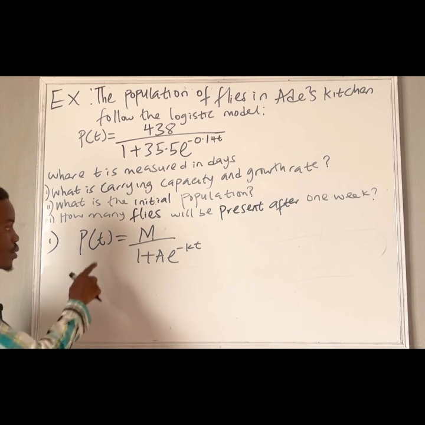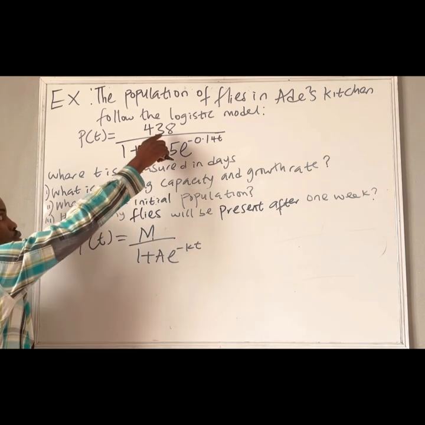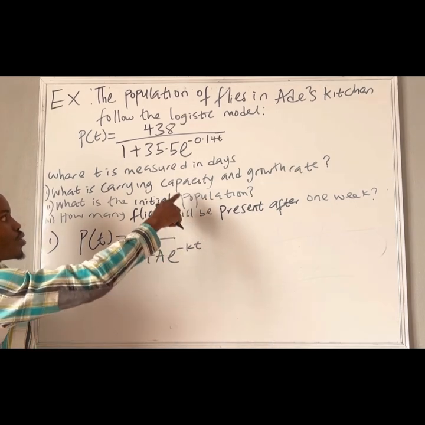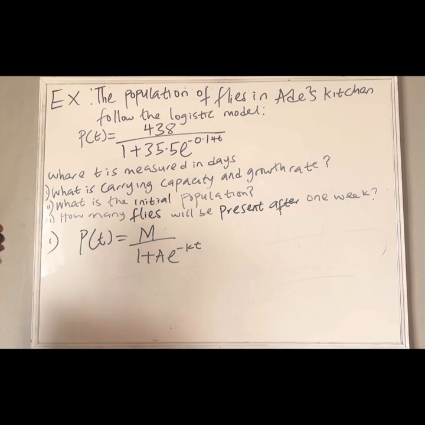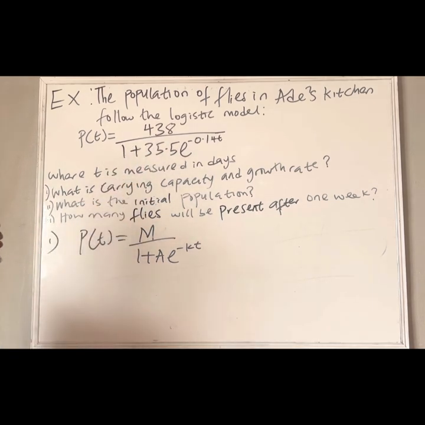P is the population at the time and t is the time or the period. Our M is equivalent to 438 as our carrying capacity, and our k is equivalent to 0.140 as our growth rate.